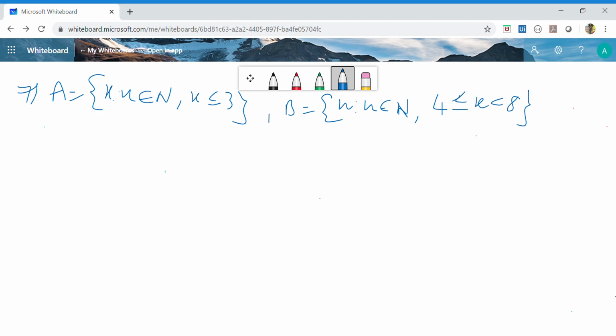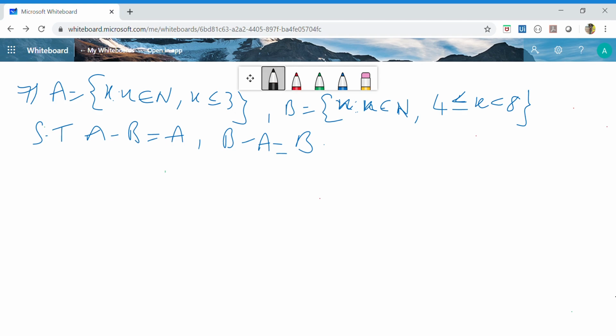So these conditions are given, and you have to observe what elements you should get in the roster form of the set. He asked you to show that A minus B is equal to A and B minus A is equal to B.